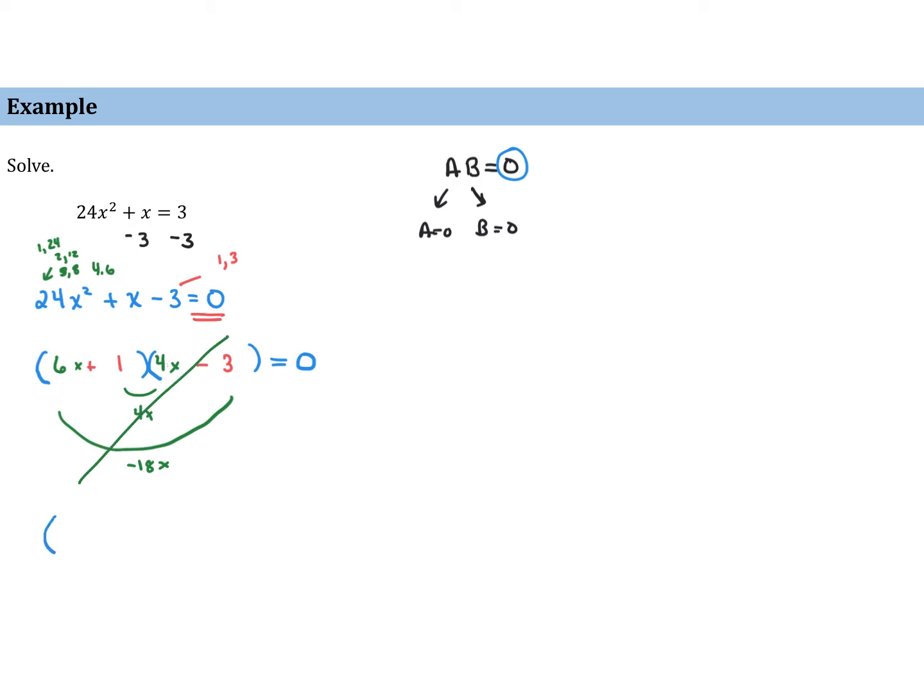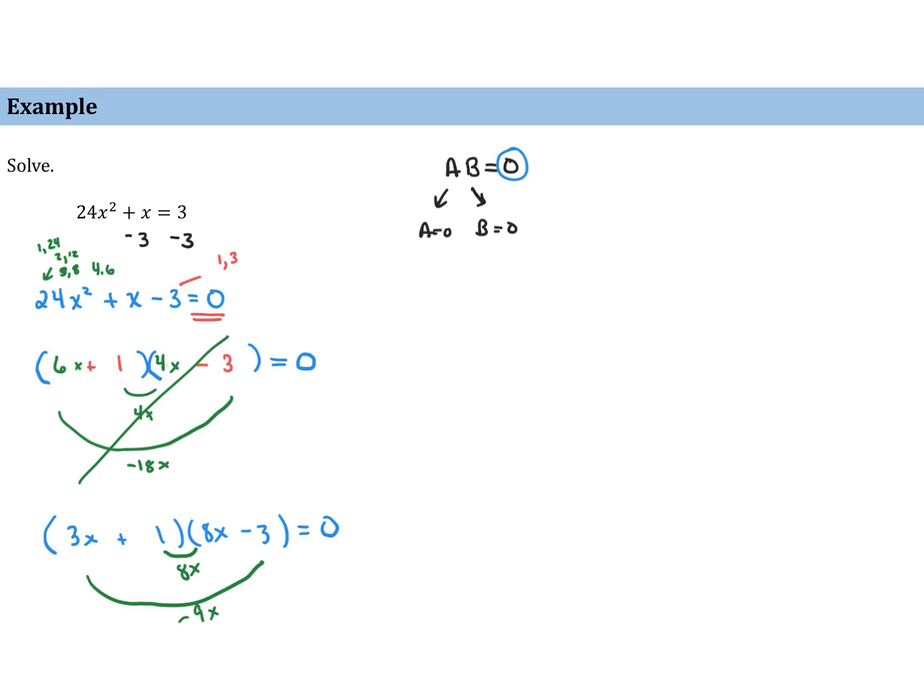So let's try another. Let's try the 3 and the 8. If we check the outer and the inner, we have 8x, we have negative 9x. That gives us negative x. We want positive x. So you'll notice that the sign that we have is opposite from the sign that we want.